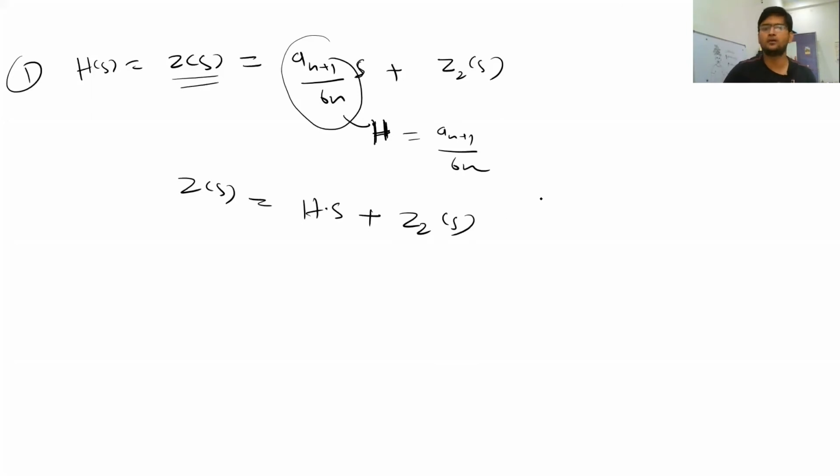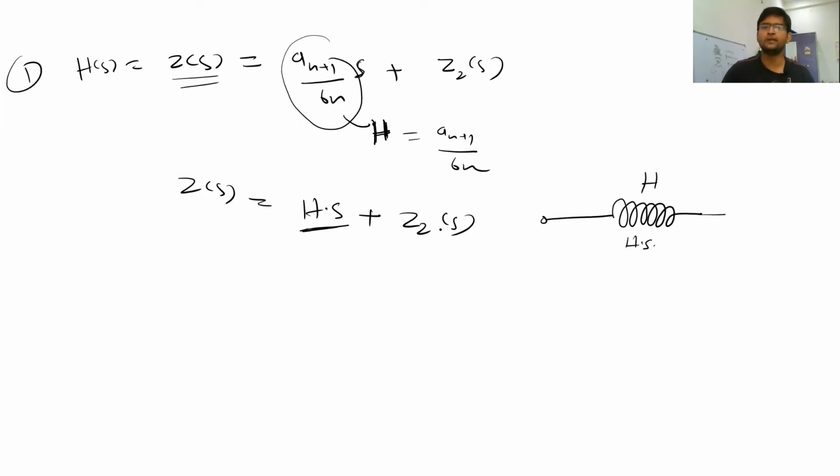Now can you draw this circuit? If this is an impedance function, what does this H into s represent? Is it a resistor, inductor, or a capacitor? Definitely for an impedance function, this will be representing an inductor whose inductance value is H. So its impedance value will be H into s, right?